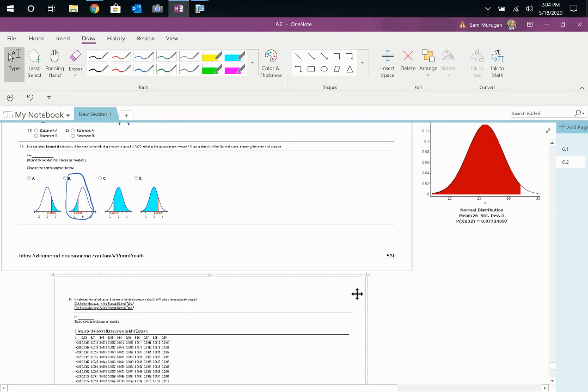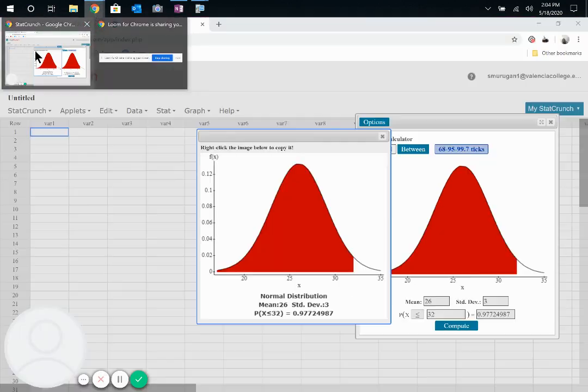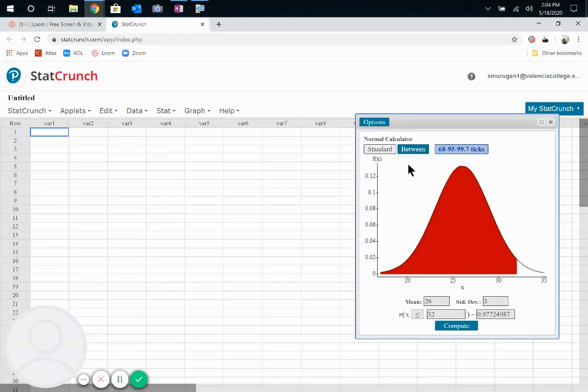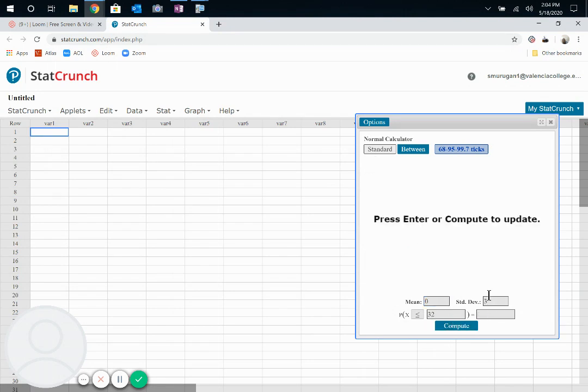So I've got 0.15. So I'm going to go to StatCrunch. 0, 1. Type in 0.15 here and compute.